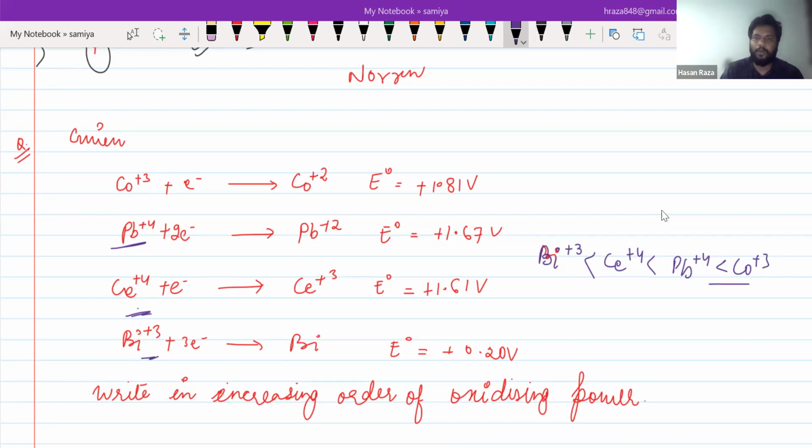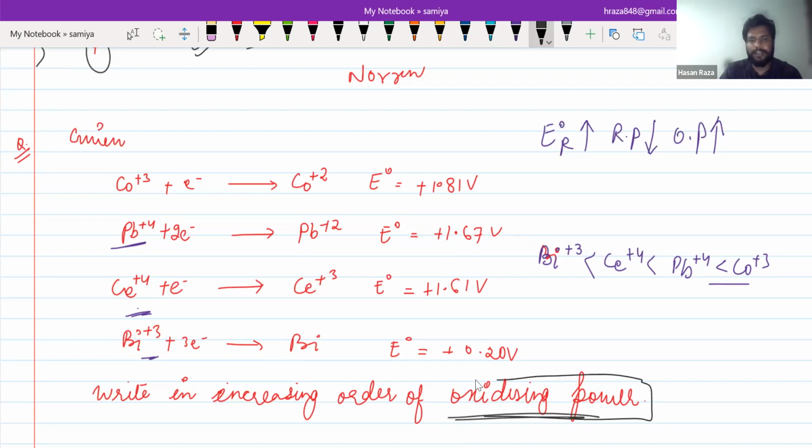Very good. Darshan and Rim, do you have any problem in this? I already told you, if E° value increases, that means reducing power decreases and oxidizing power increases. Now you can see in the question, it has been asked about oxidizing power. So the species which has the most E° value will have more oxidizing power.